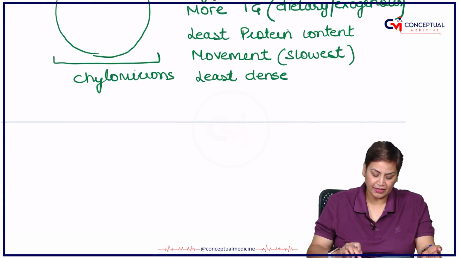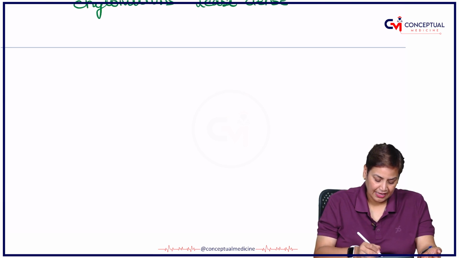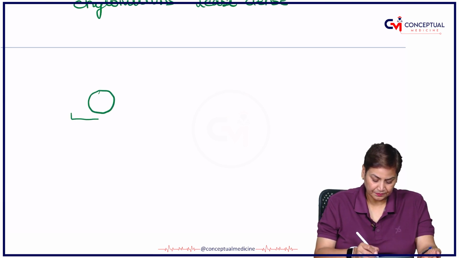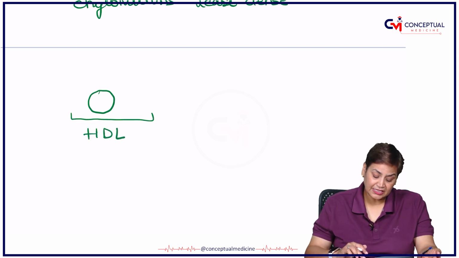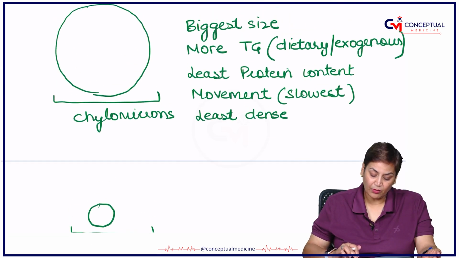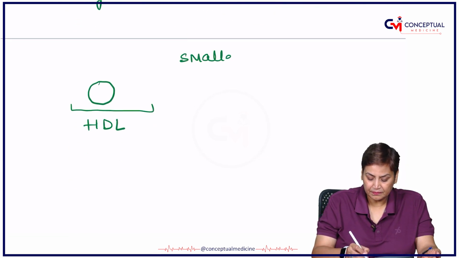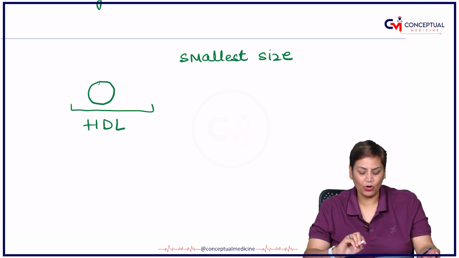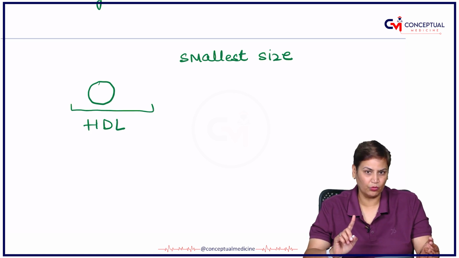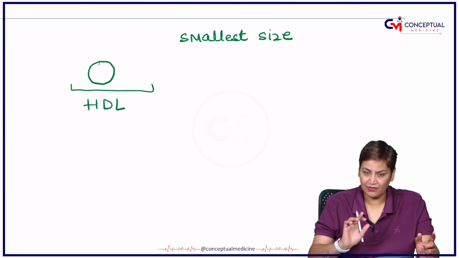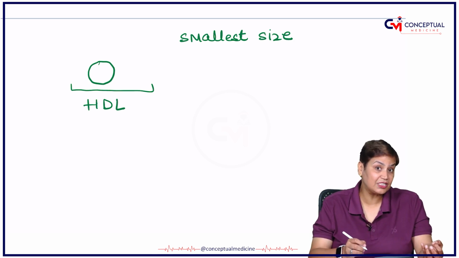Now, if we compare this with HDL, HDL has the smallest size, whereas chylomicrons have the biggest. Since it is small, its movement will be more. It will have the least TGs, in fact negligible TGs.